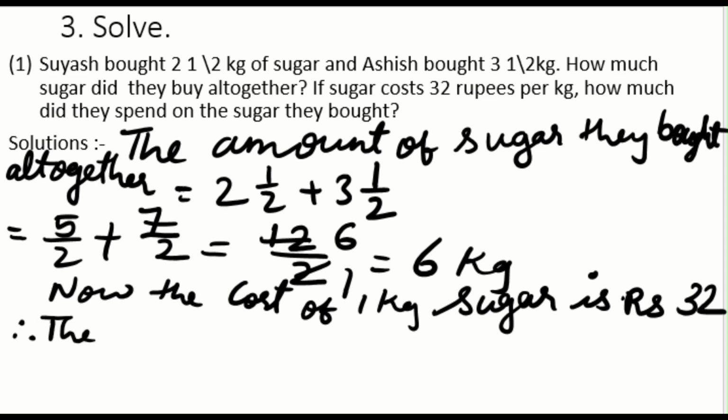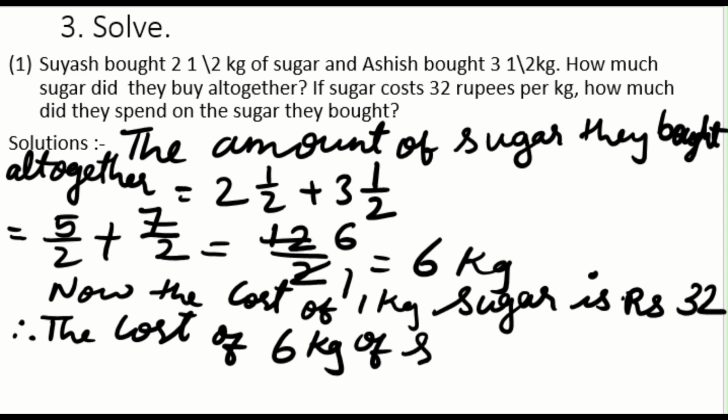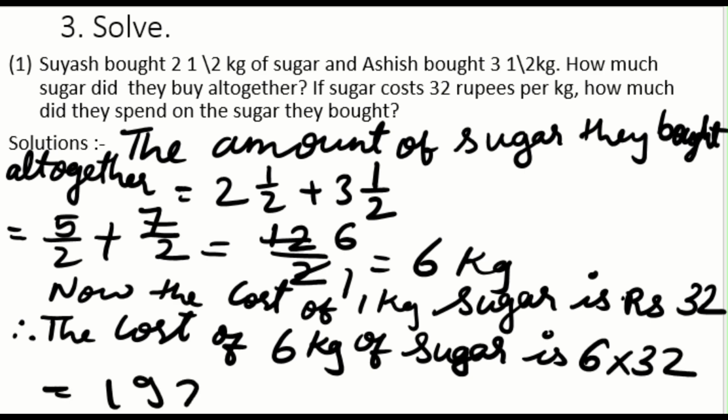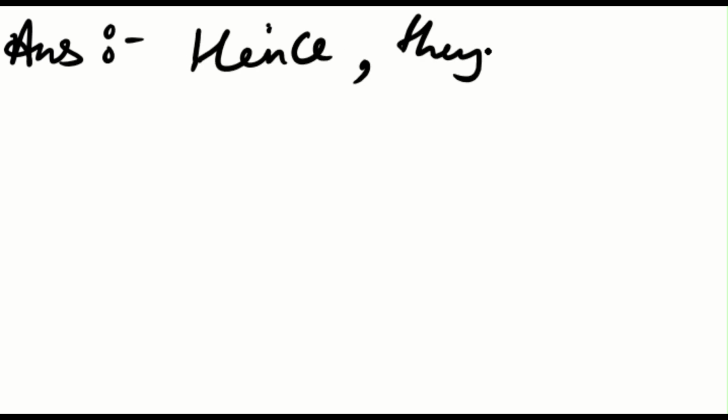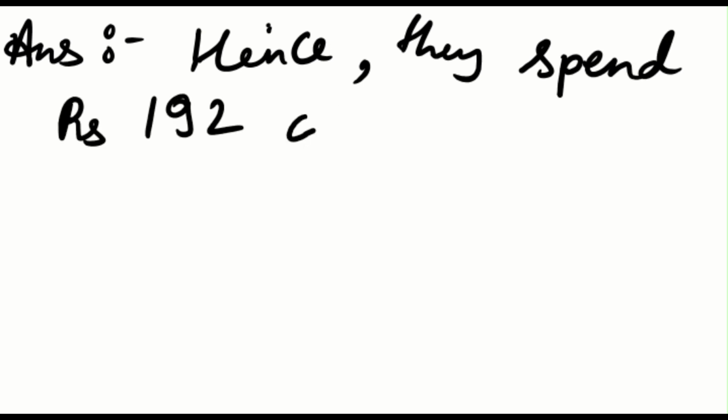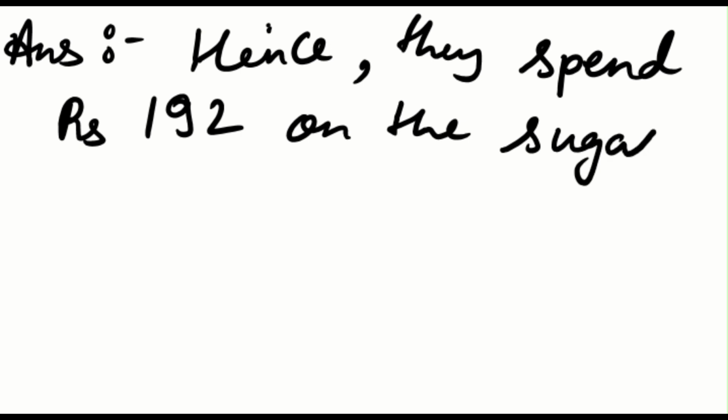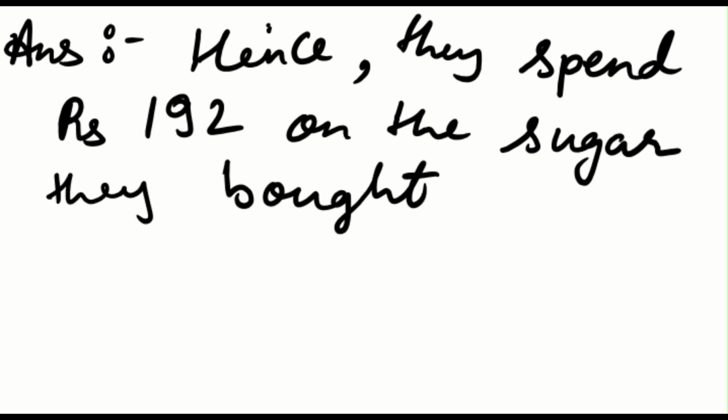Therefore, the cost of 6 kg of sugar will be 6 into 32, that is 192 rupees. Hence they spent rupees 192 on the sugar they bought. Okay. Next question.